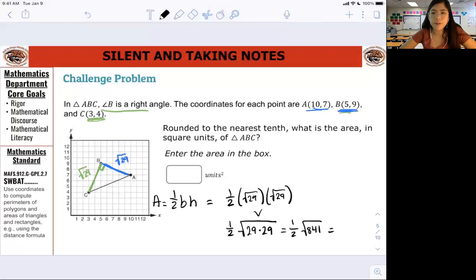Square root of 841, what's that? Oh, it's 29. Would you look at that? That's funny. And then 1/2 times 29, or 29 divided by 2, I get 14.5.